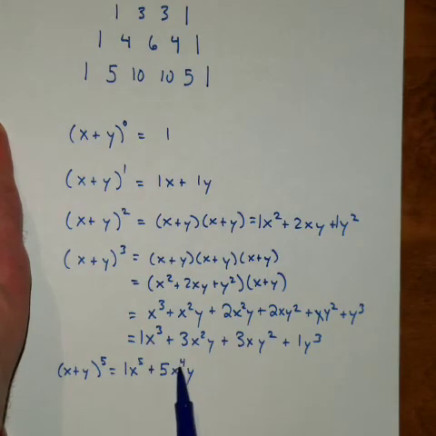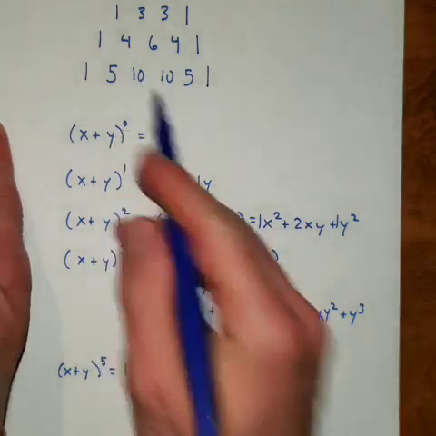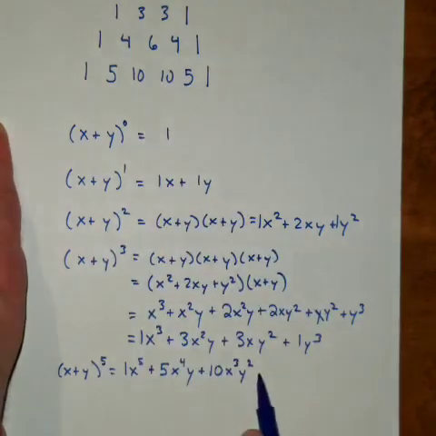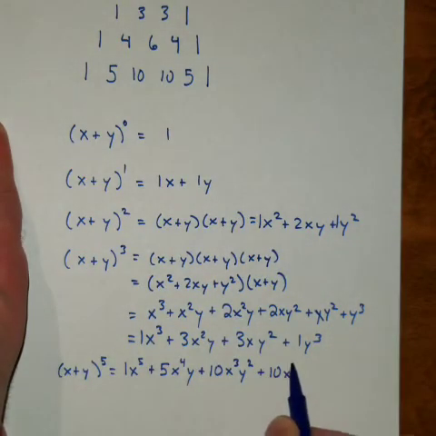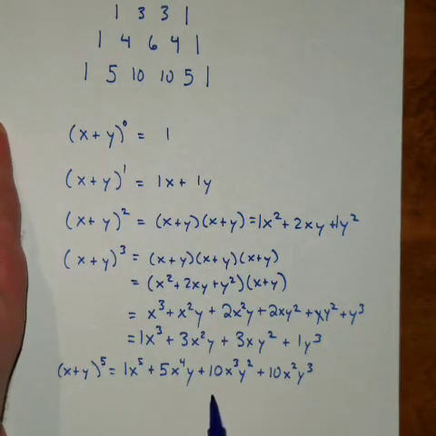So, yeah, here I got 4 and 1 make 5. Then you get the 10 on the next term, which drops the x by 1, raises the y by 1. Then you get another 10, drop the x by 1, raise the y by 1. Then you get a 5. I'm going to need a little more space.